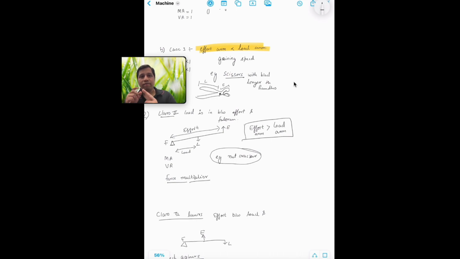One is when you have a fulcrum in between, but in that case you will make your effort arm longer by putting your fulcrum towards the load. And second is your class 2 levers, where you will have load in between, then evidently your effort arm will become longer. That is the way you can work as a force multiplier.